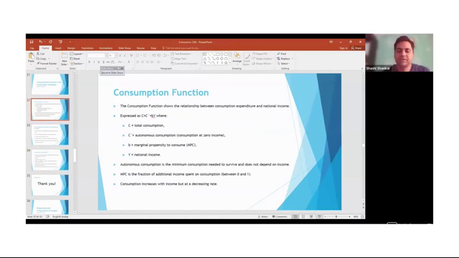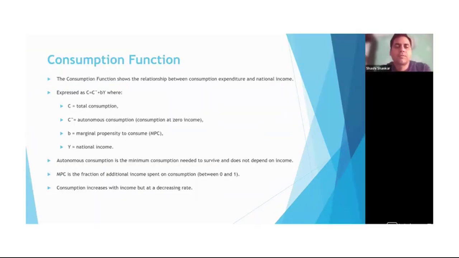The consumption function shows the relationship between consumption expenditure and national income. So the key point is that the consumption function shows the relationship between consumption expenditure and national income.